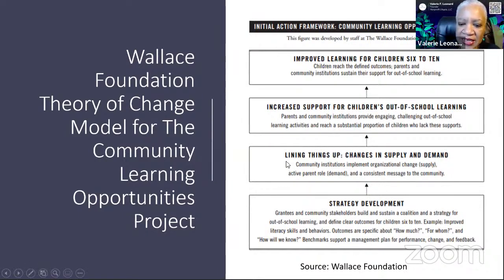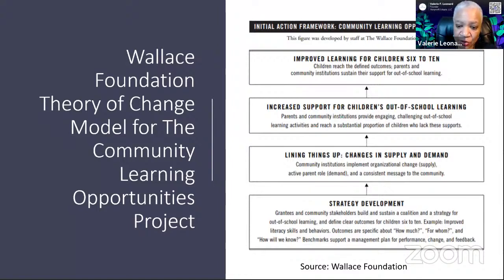All right, the second step is lining things up, changes in supply and demand. In this case, the criteria is community institutions implement organizational change. So that's supply. That's working within their own community and their own capacity as an organization.